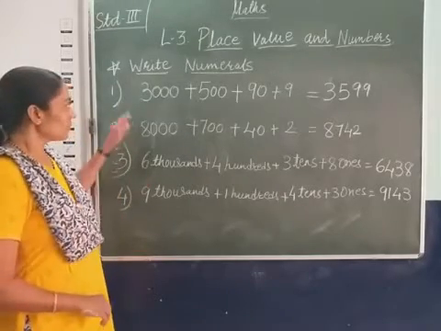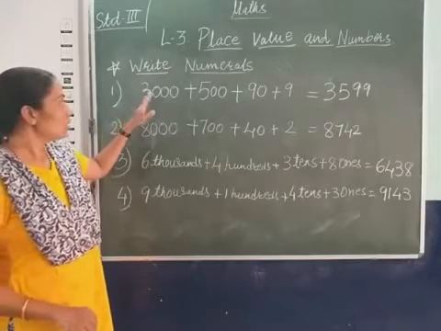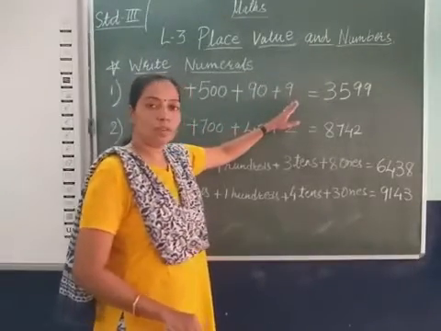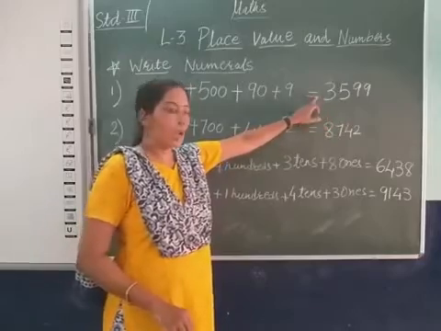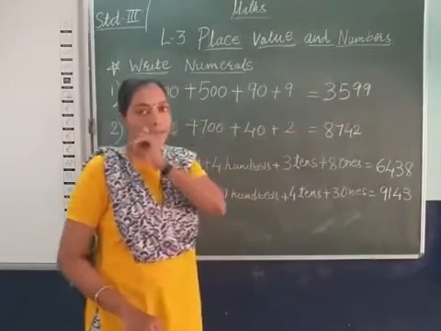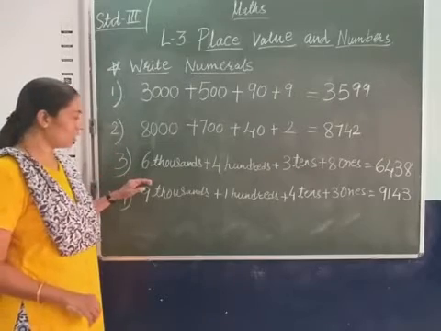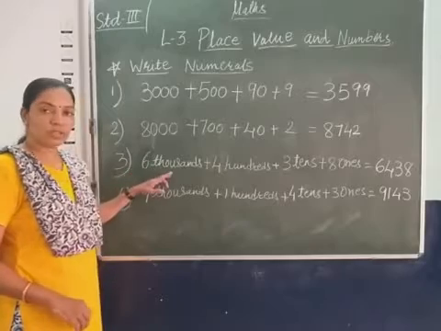Here the expansion is given totally in numbers: 3000 plus 500 plus 90 plus 9. So we will write here the number as 3599. We read as 3599. And a little bit different is given here, the question is in words.